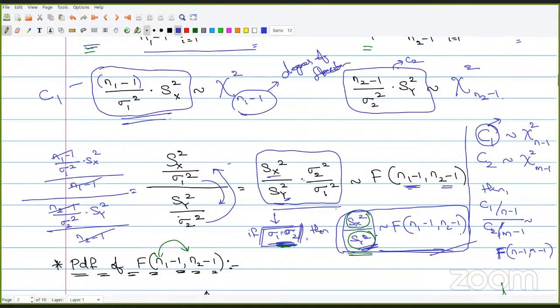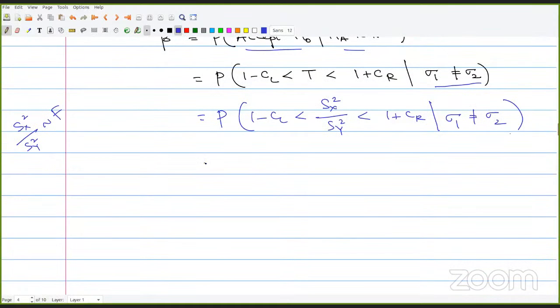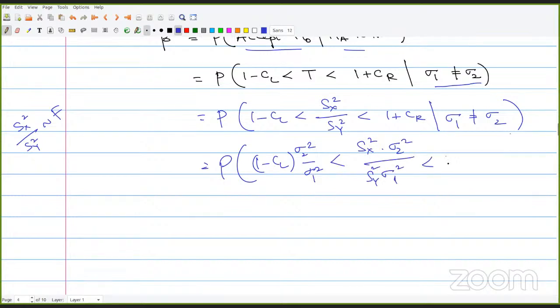If sigma 1 is not equal to sigma 2, then in order to make it F distributed we multiply by sigma 2 square by sigma 1 square: 1 minus CL times sigma 2 square by sigma 1 square less than Sx square sigma 2 square by Sy square sigma 1 square less than 1 plus CR times sigma 2 square by sigma 1 square. So this will follow F distribution.